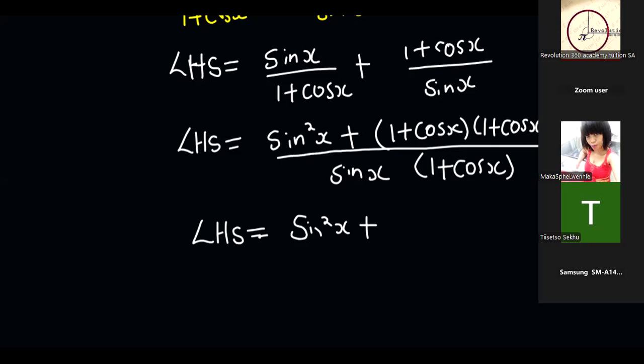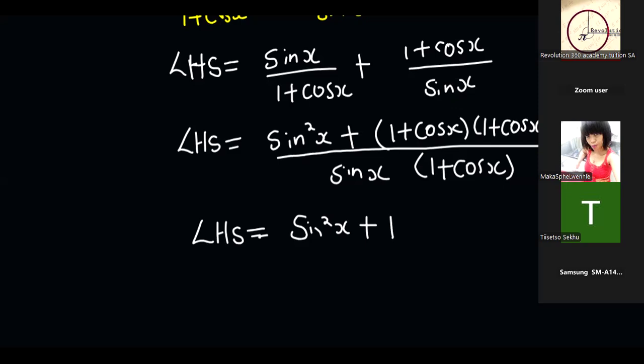So we wrote sin squared x, and then you say plus 1 times 1, that is 1. So here, guys, to those who are joining, you just use the FOIL method. 1 times 1 is 1. 1 times plus cos x is plus cos x.